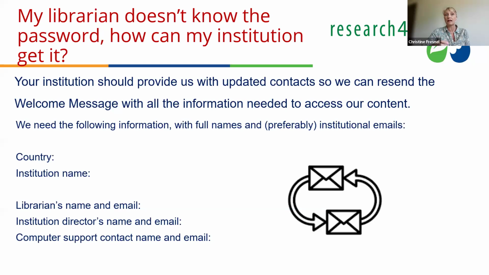So that means the email from the institution, from the network of the institution, but he can provide also a private email plus an institutional email address. We need also the information for the director and the computer support contact as well.